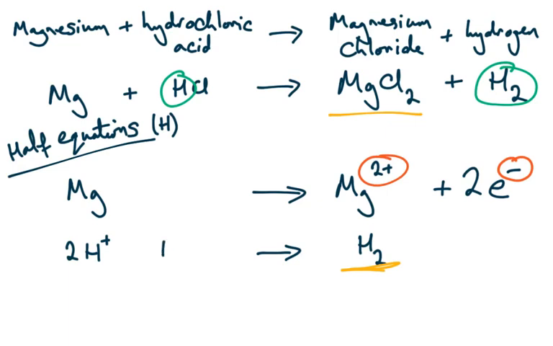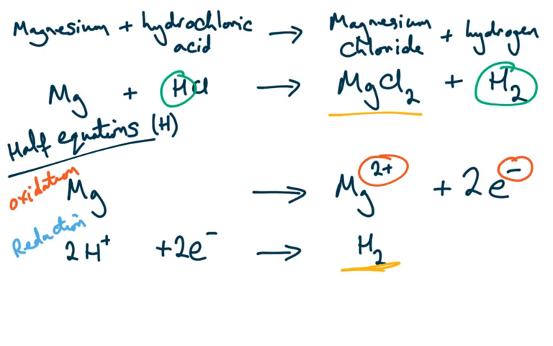So again, I'm going to use my electrons, and I'm going to put 2 electrons in. Here we can see that I've got my oxidation reaction with the magnesium, and here I've got reduction. So I've got a redox reaction.